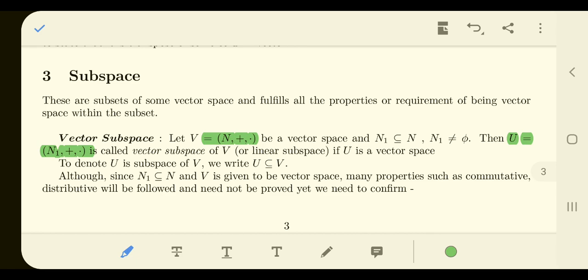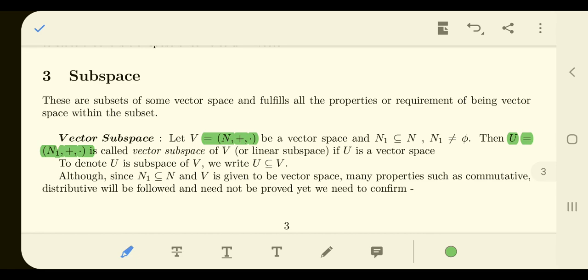But there are other properties such as the closure property. As we have said already, N with plus should be an abelian group. So now, because the set of vectors has been changed, whether this is closed over addition or not is a question.